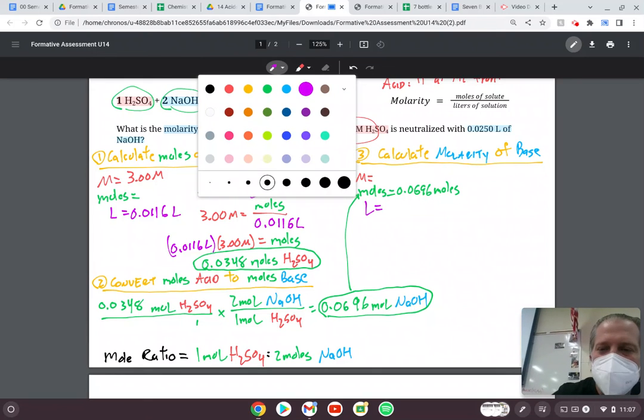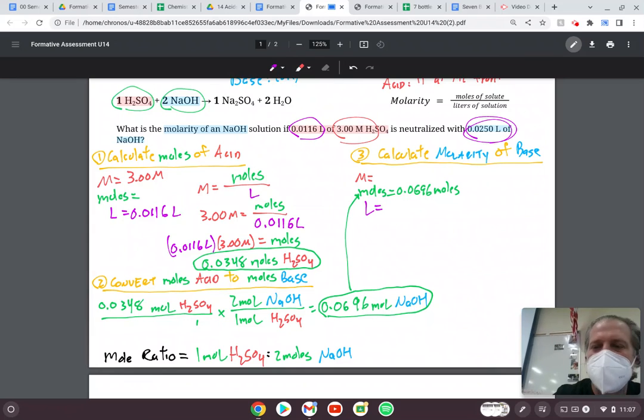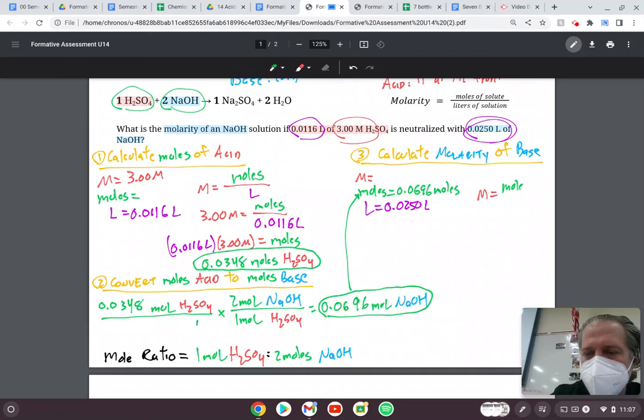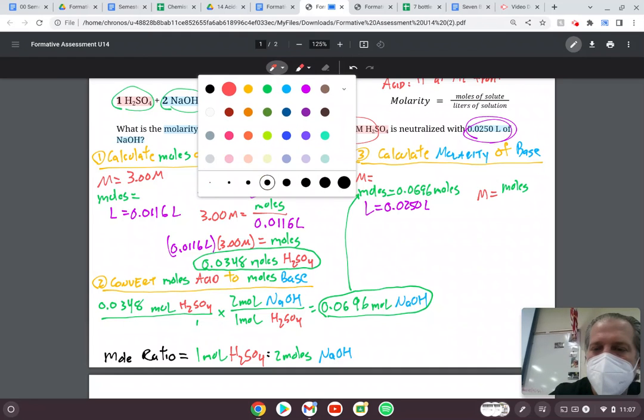And the problem itself gave us the number of liters to be 0.0250 liters. So our formula says molarity is equal to moles over liters. We're solving for the molarity of the base this time.